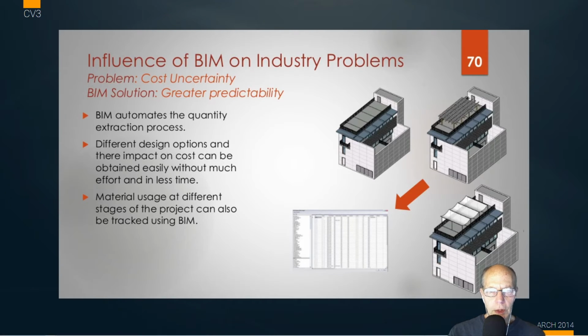So this is a term that's always bandied about, that when people are building projects, these are the things that make them the most uncomfortable. Cost uncertainty, timeline uncertainty, not knowing how much effort's going to be needed, how long it'll take to construct it.